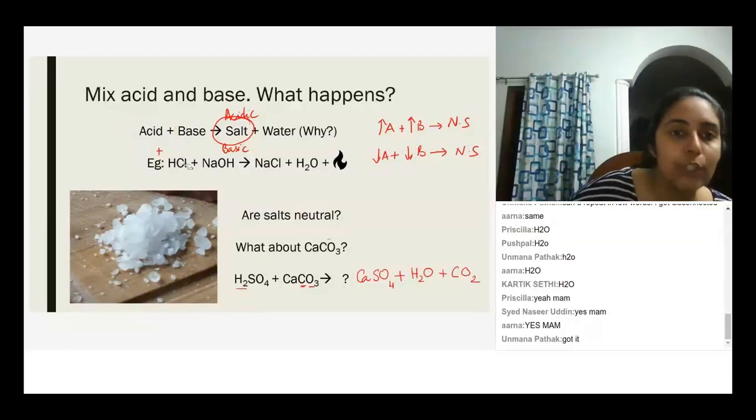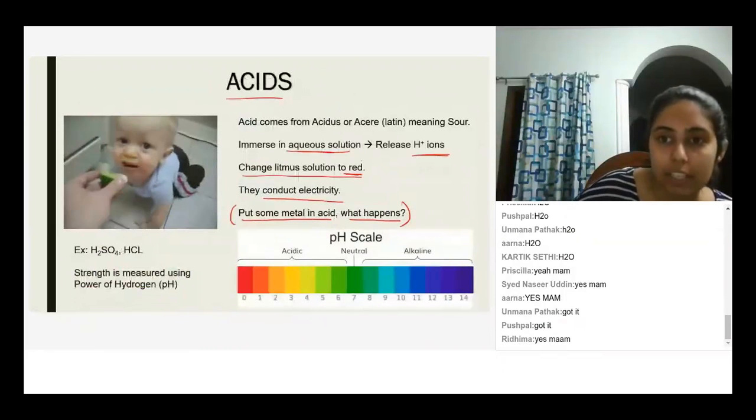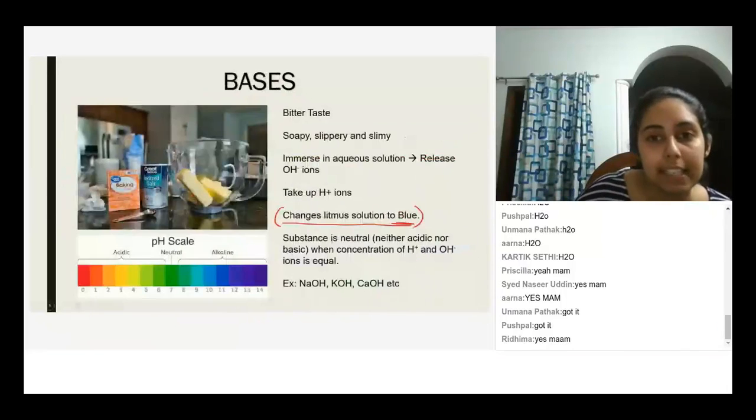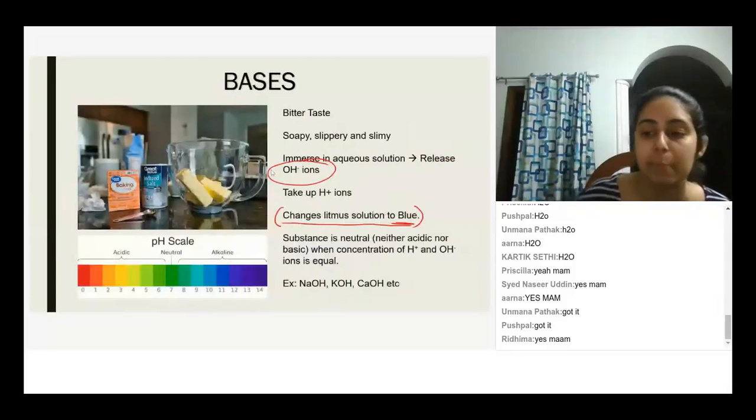Yes, ma'am. In the first slide, I had told you that acids release H plus ions. So remember this, acids release H plus ions and bases release OH minus ions.